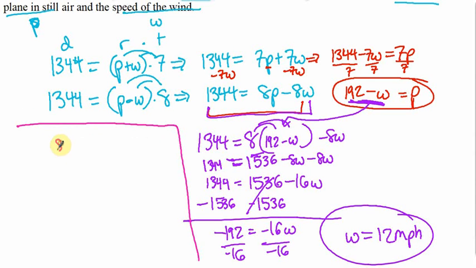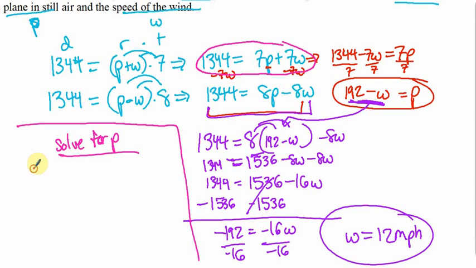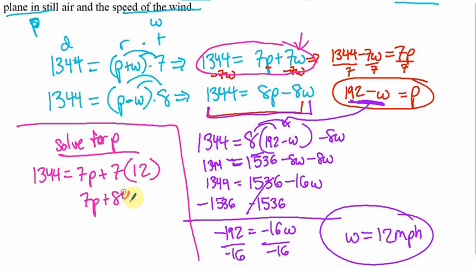Now we need to solve for how fast the plane is going. It doesn't matter which equation we use. Let's just use this top one right here. 1344 equals 7 times the plane speed plus 7 times W, and we do know that W is 12, so I'm plugging in 12 right there. So 7p plus 7 times 12, which is 84.